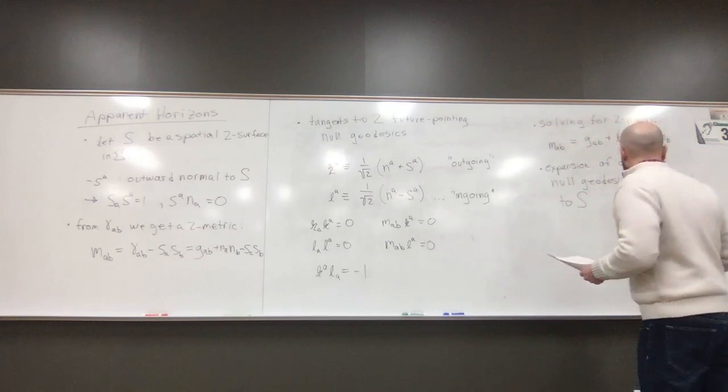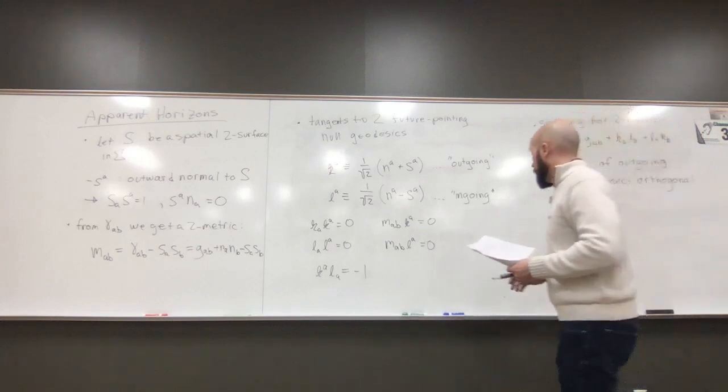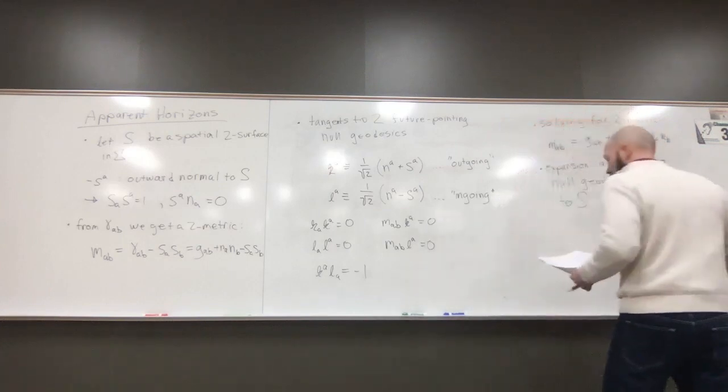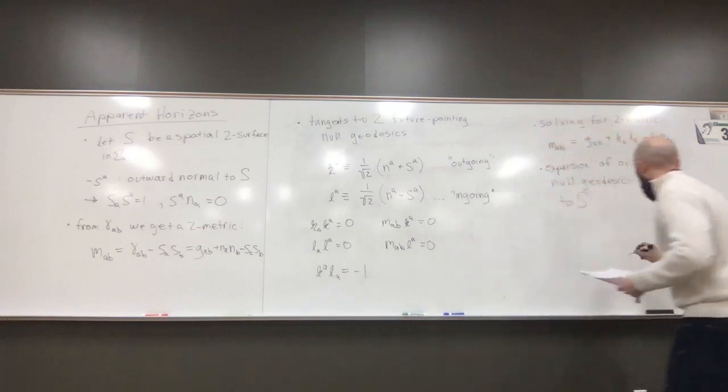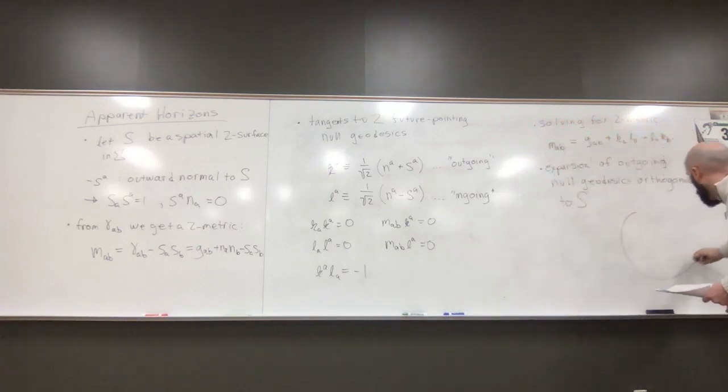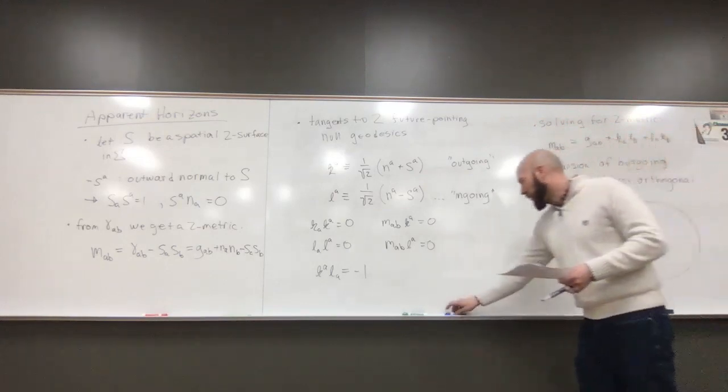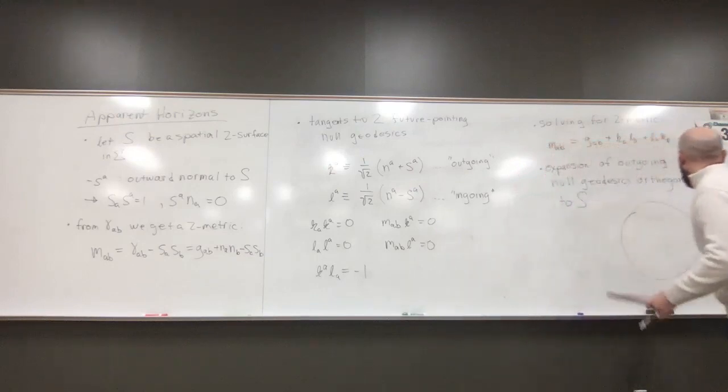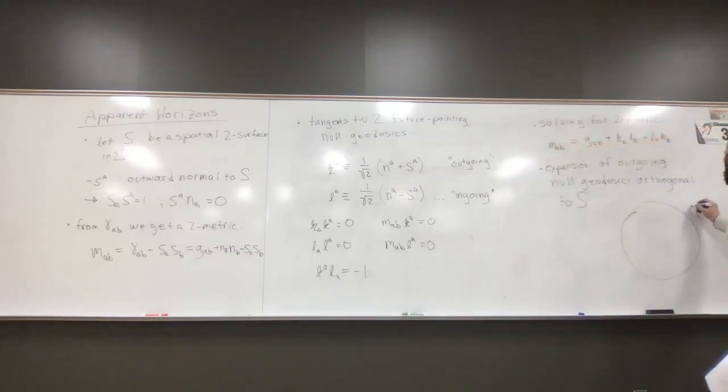Maybe a picture is worth 1,000 words, which I did not draw, but it kind of makes obvious, intuitive sense, right? Here's a projection of my 2 surface. It's a circle. And I've got geodesics which are orthogonal to it, and I select 2 of them.